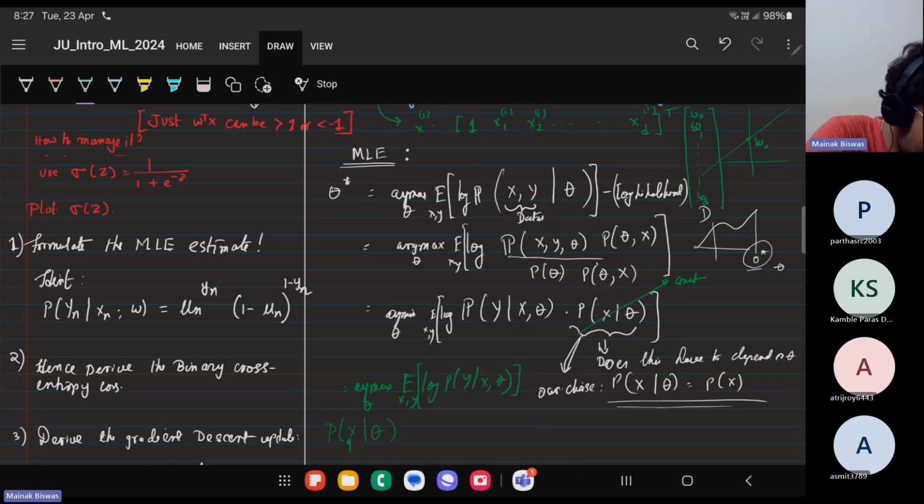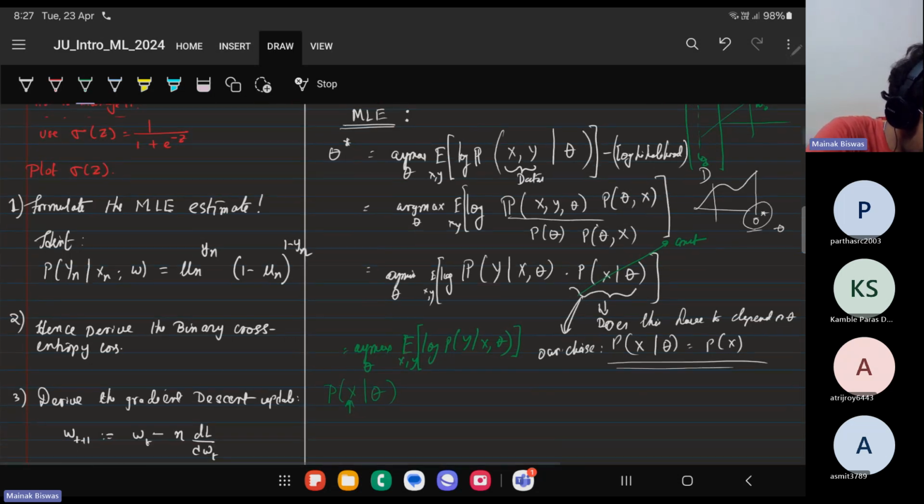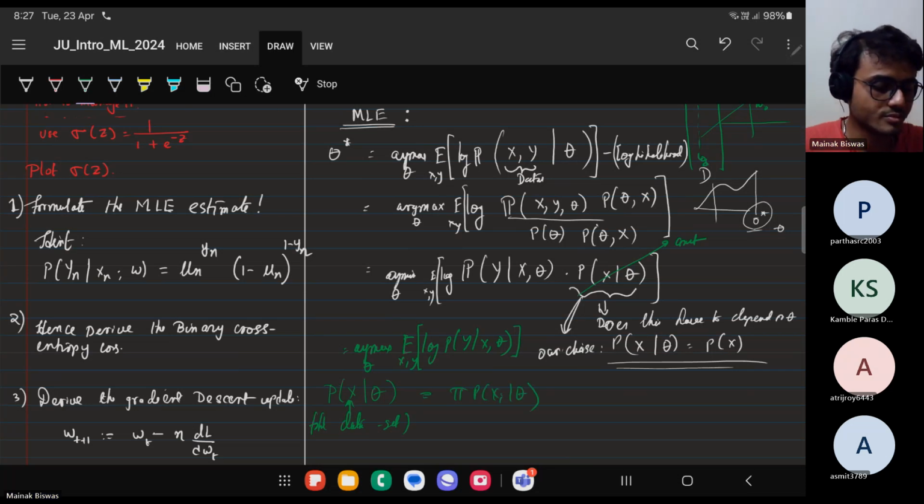Here x is data, this is your total data set. So you do it IID and say P of xi given theta. All the data points are IID from the data distribution.